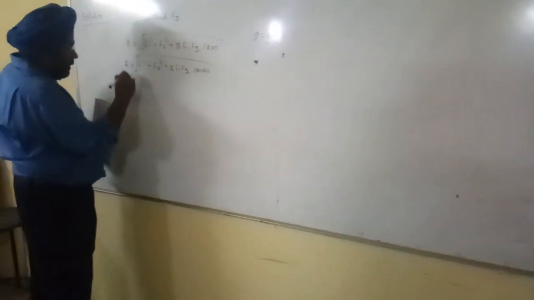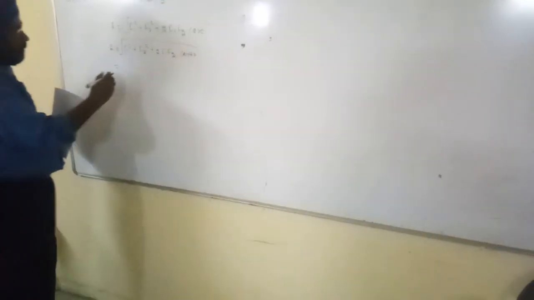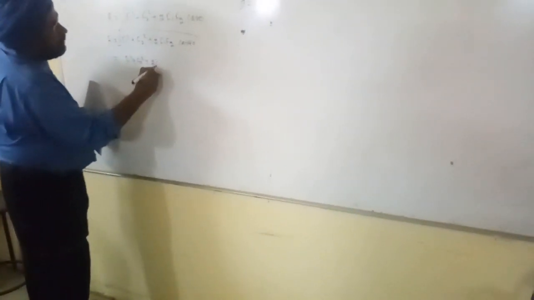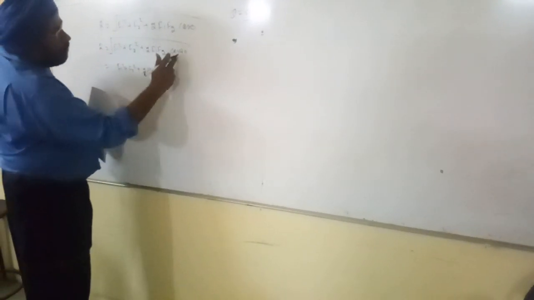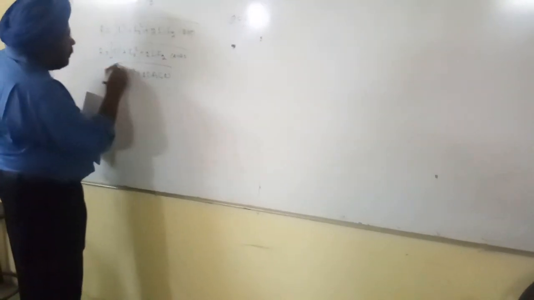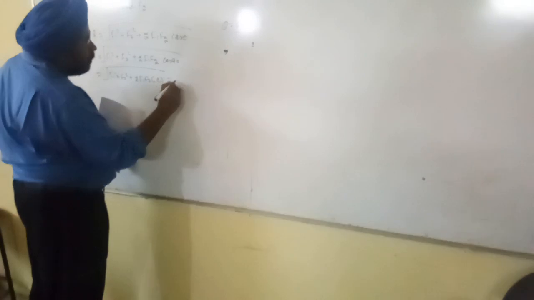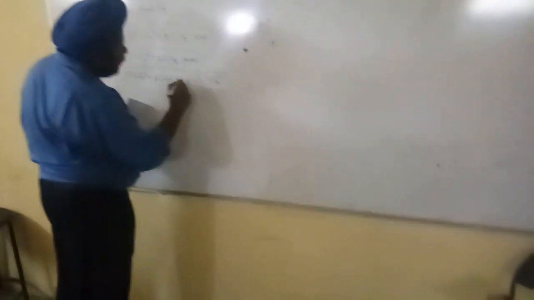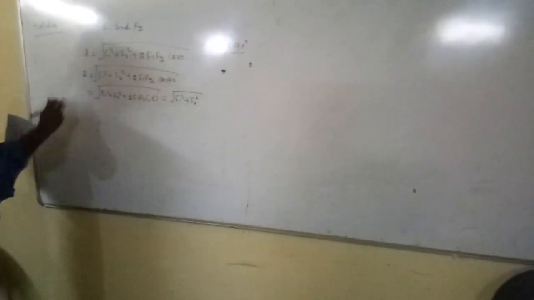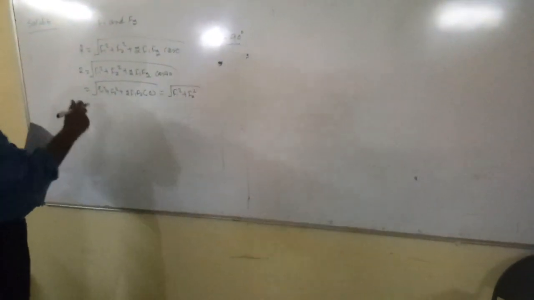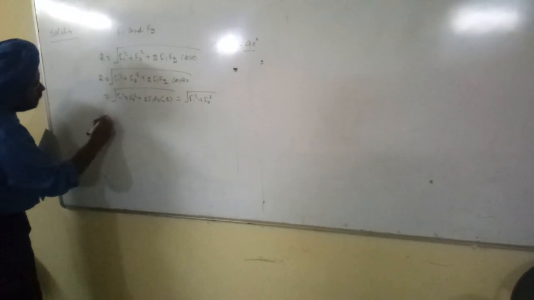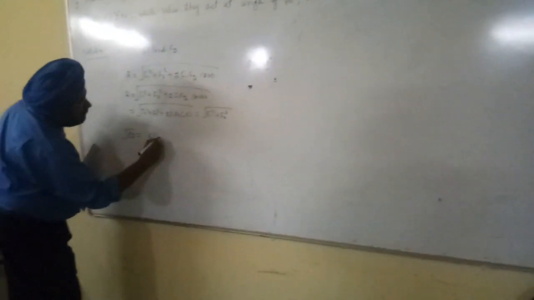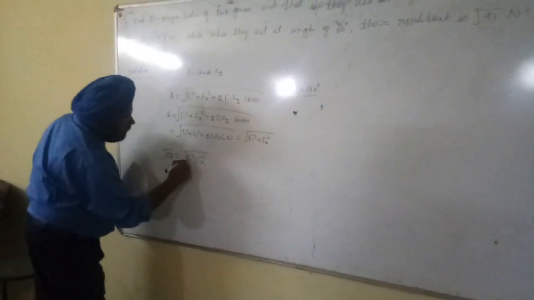Cos 90 degrees is 0, so R is equal to √(F1² + F2²).